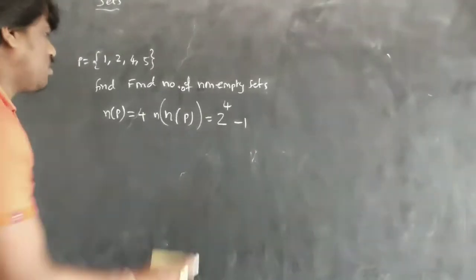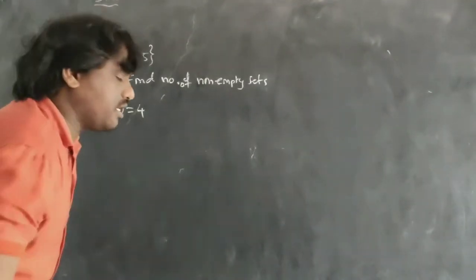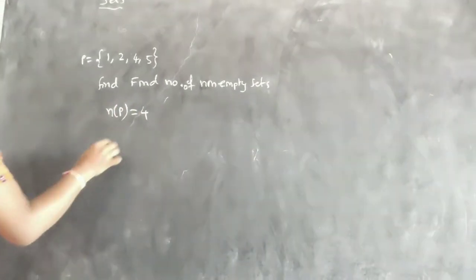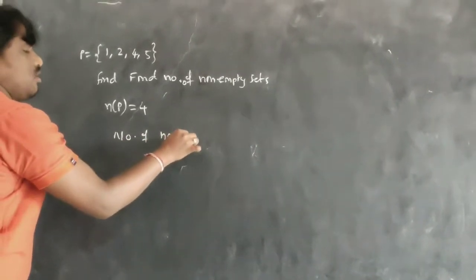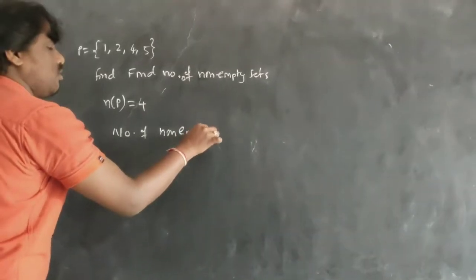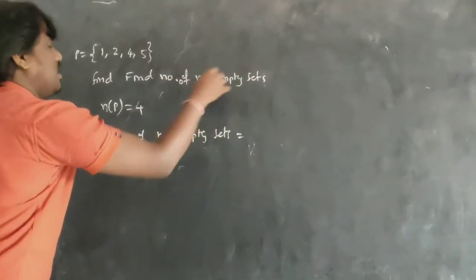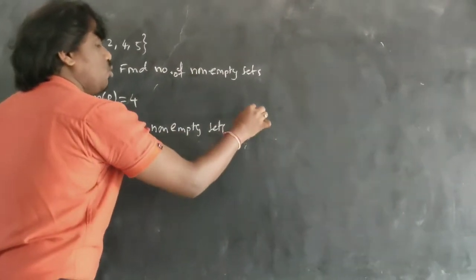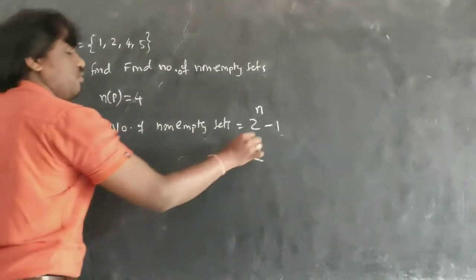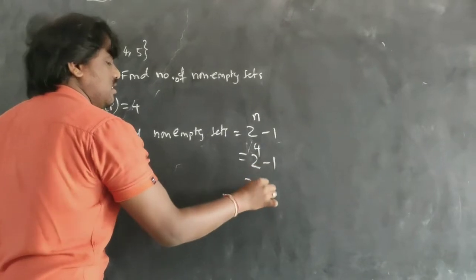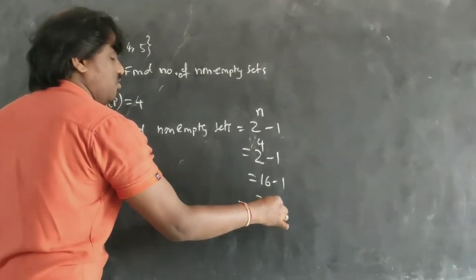You don't write it like this; just simply, you have the number of elements 4. So the number of non-empty subsets is equal to, you can write this formula directly: 2 power n minus 1. 2 power n is how much here? 2 power 4 minus 1, that is 16 minus 1, that is equal to 15.